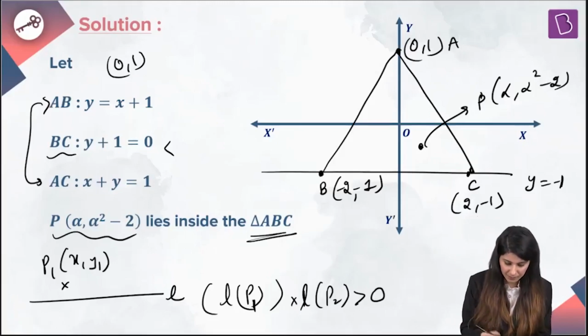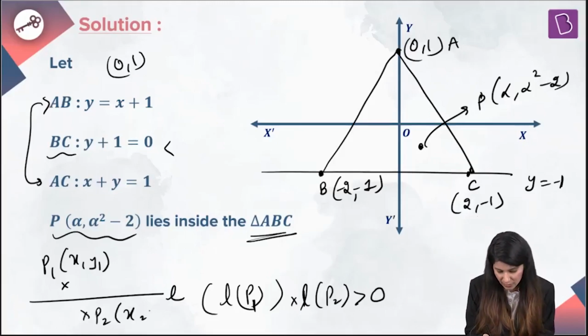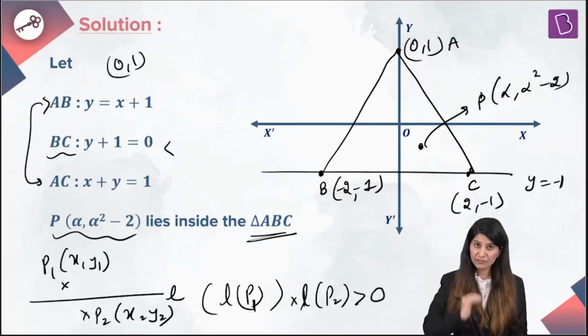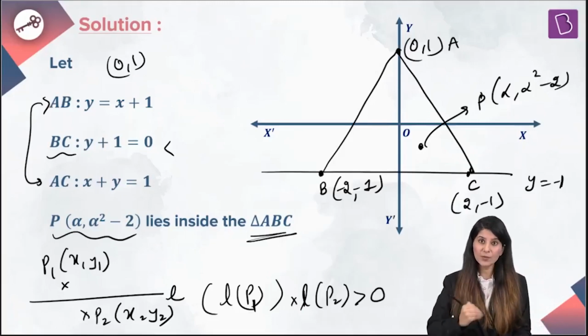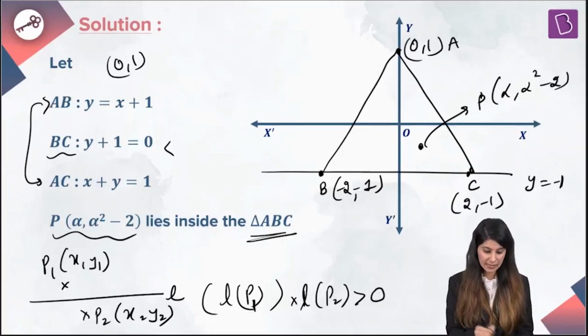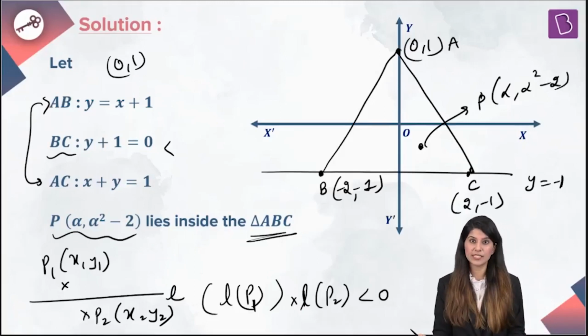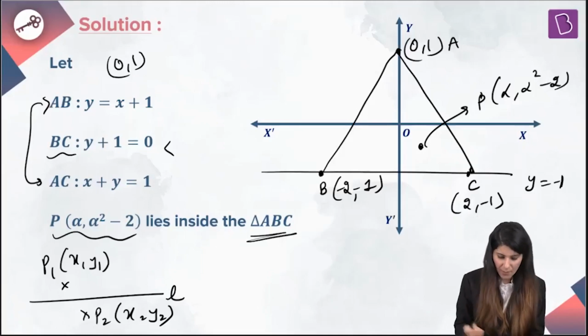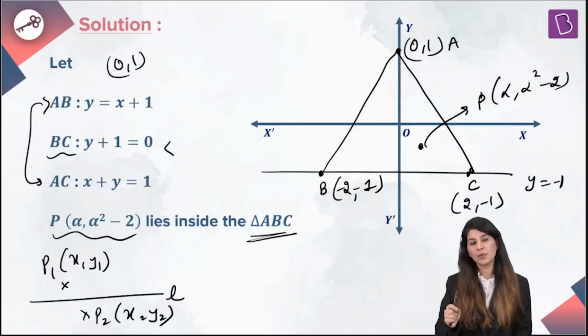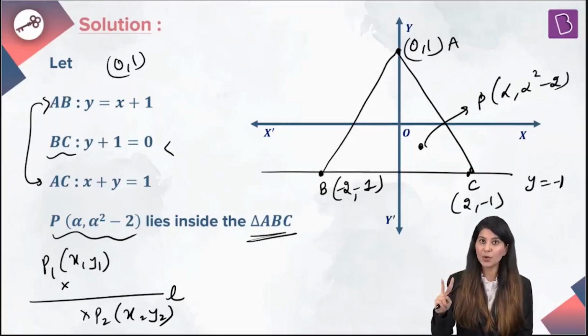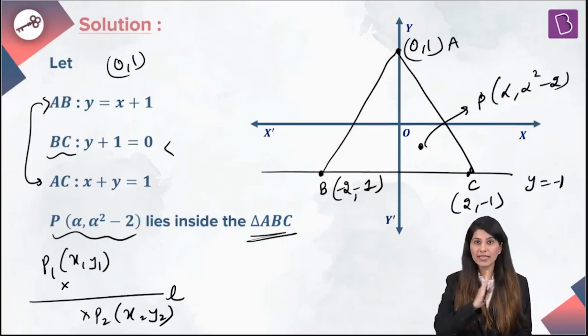And here P2 is there, (x2, y2). If you put these 2 points on this line and take a product, you'll get a negative. That means the sign will be opposite. Okay. And always remember, whenever you talk about the position of a point with respect to a line, there will be 2 points. There is no left, no right, no top, bottom, above, below, nothing.